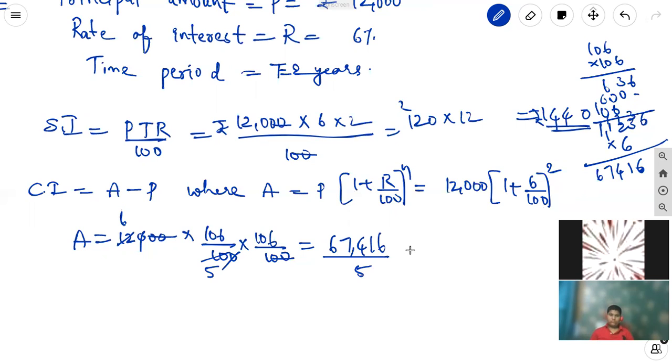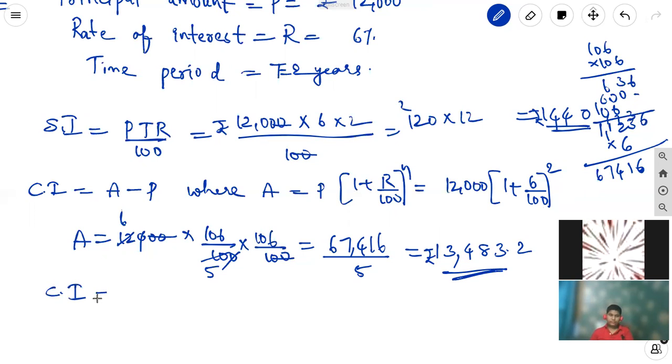By 5, we divide and get 13,483.2 rupees. That is the total amount.